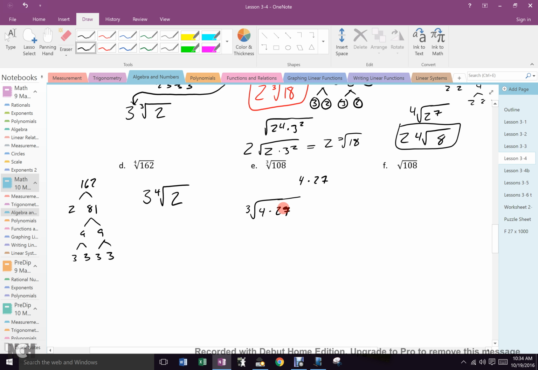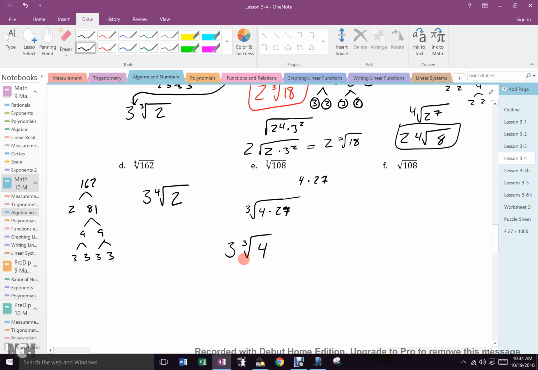Why? Because 27 has a cube root, doesn't it? Because it's on my list. What's the cube root of 27? 3. So what comes out? 3. What stays in? 4. What if you don't recognize 27 is a cube root? Then you keep factor treeing. That's it. That's the only thing you got to do.